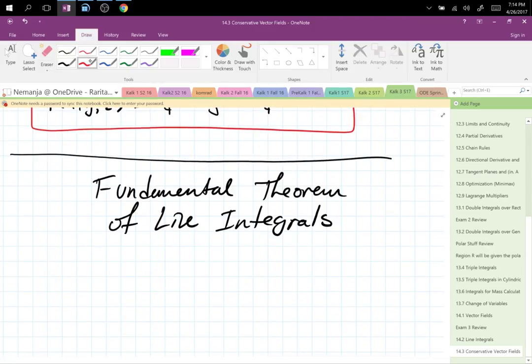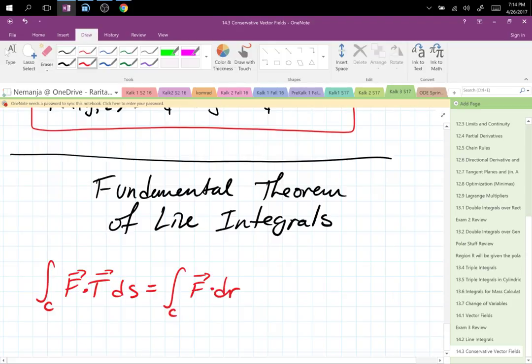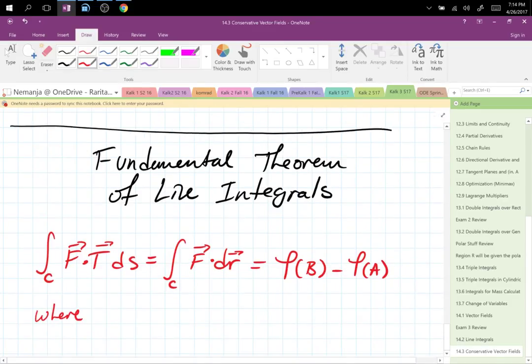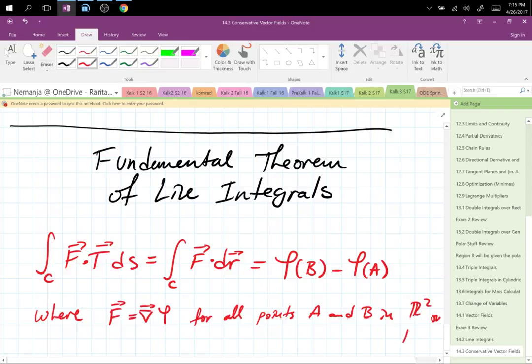So when you have the line integral, you can compute it like this, where F is del phi, conservative obviously, for all points A and B in R, which is in R2 or R3. So, fundamental theorem of line integrals.